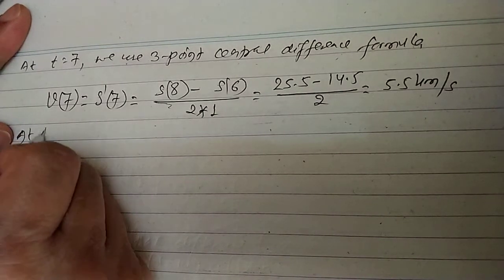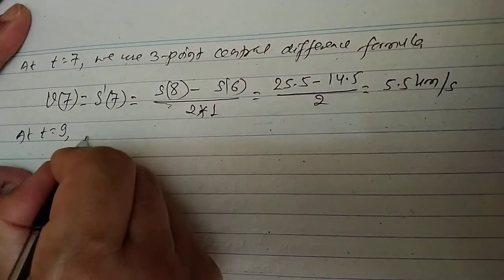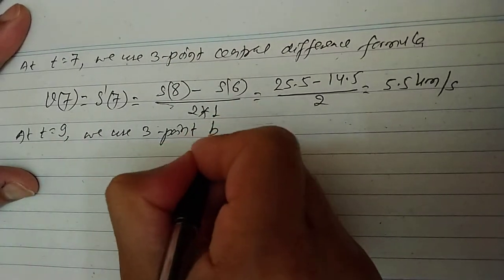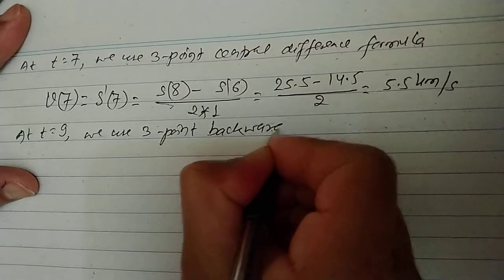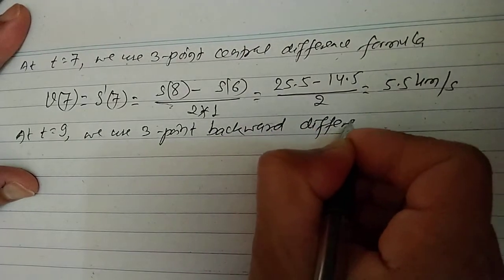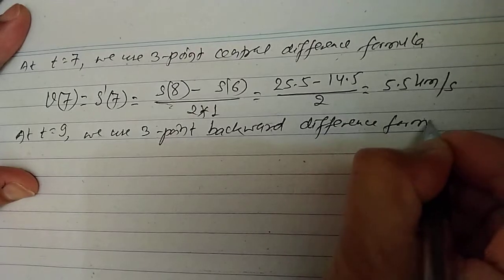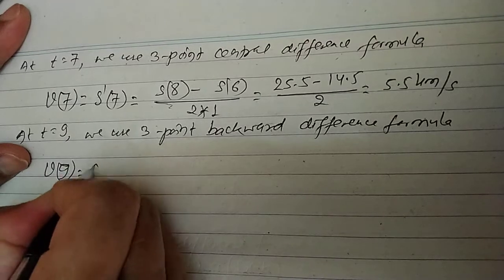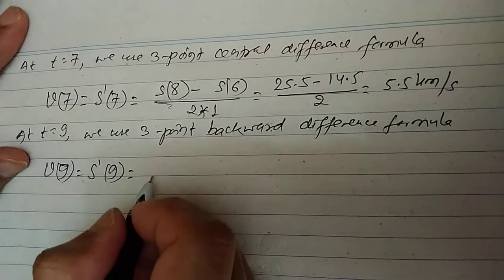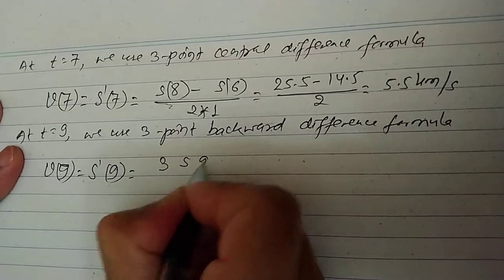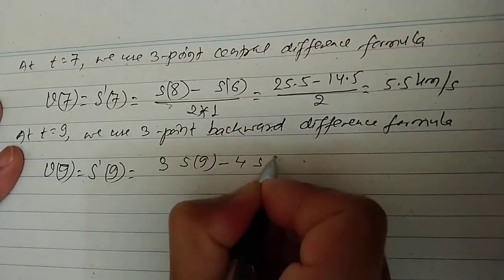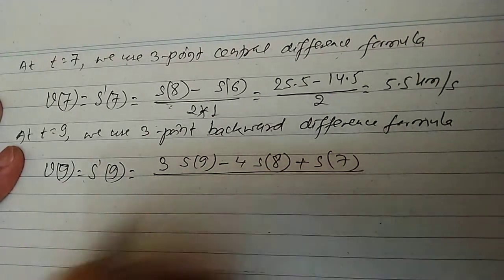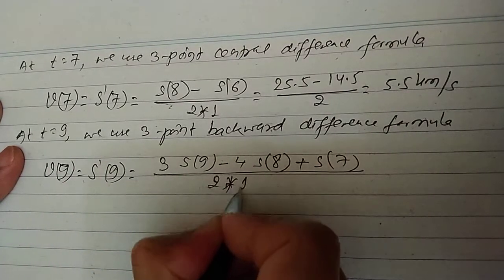So at t equals to 9 we use 3-point backward difference formula. All right, so velocity at 9 is equals to first order derivative of s at 9, so that will be equals to 3 into s of 9 minus 4 into s of 8 plus s of 7 whole upon 2 into h, that is 1.